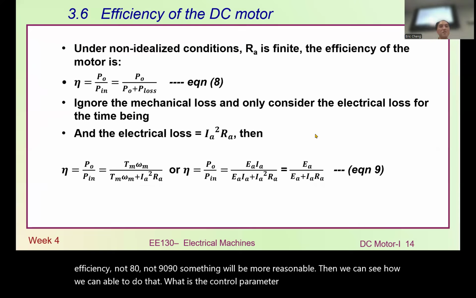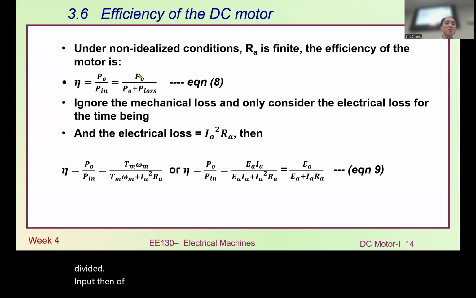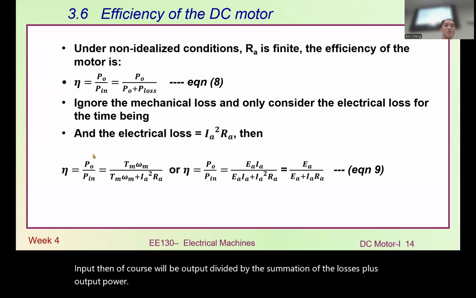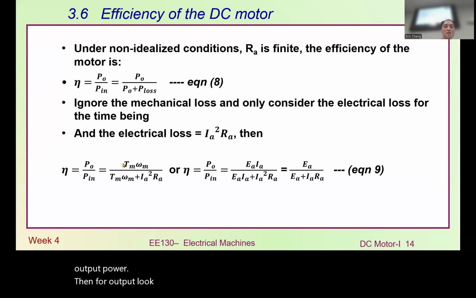So obviously, efficiency is output divided by input, then of course it will be output divided by the summation of the losses plus the output power. For the output, that is the mechanical output power, the real mechanical power, plus the losses component.